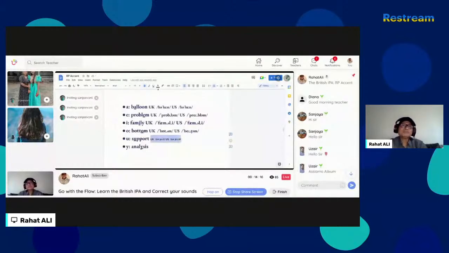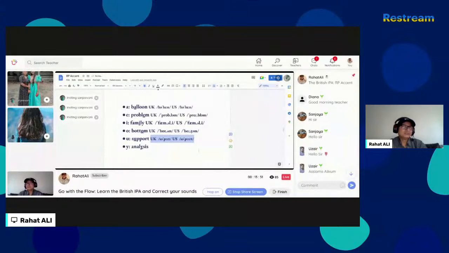That is the rule of British English, which is why many people try to develop the British English but can't, because they can't get rid of the R sound. Remember, if you want to develop your English to British English or the RP accent, you must know how to get rid of the R sound from the words. It is support, not support.